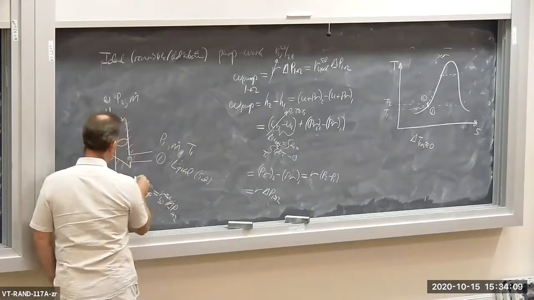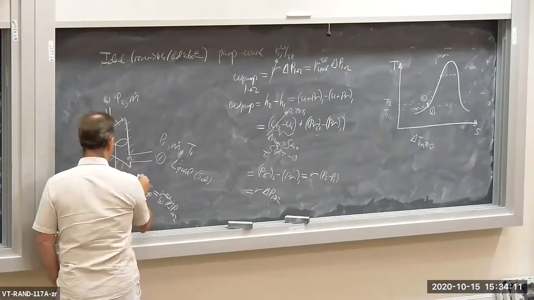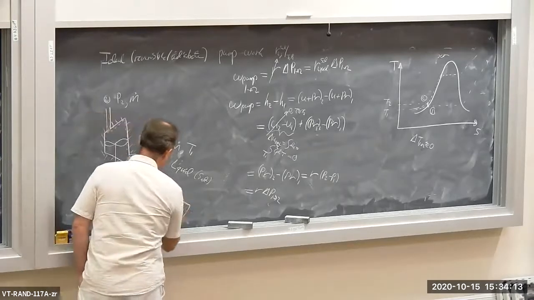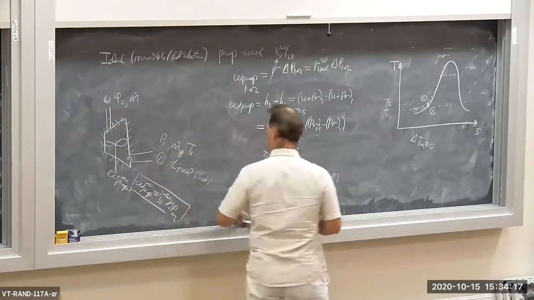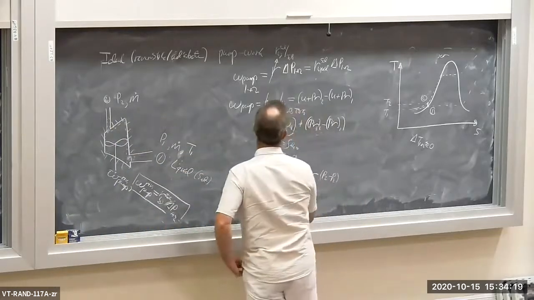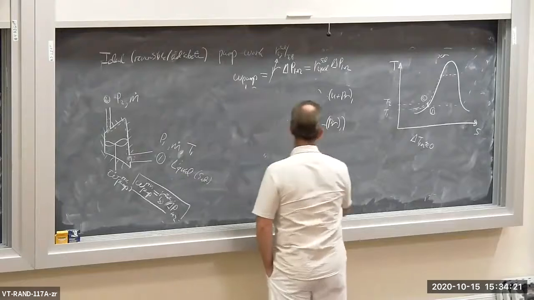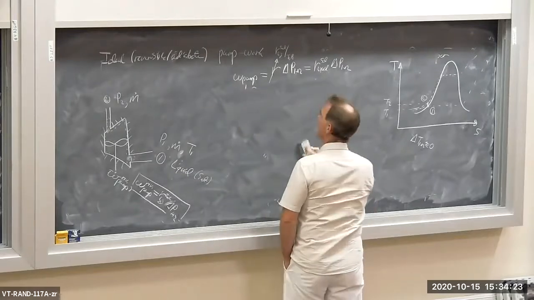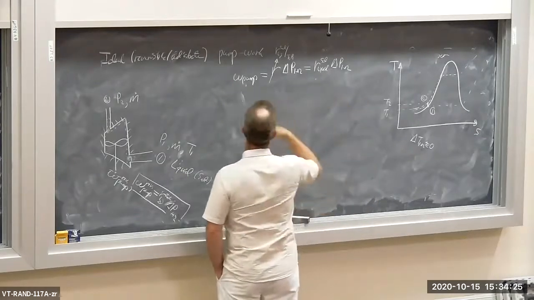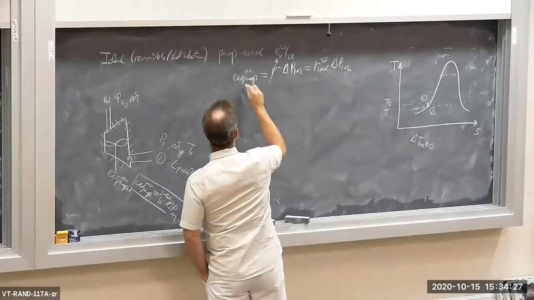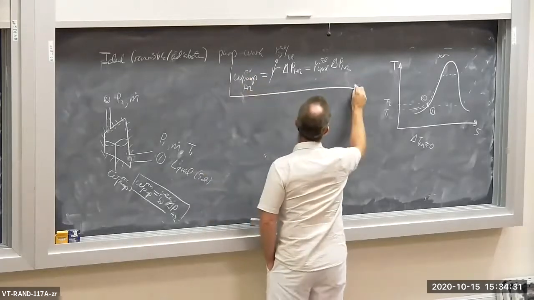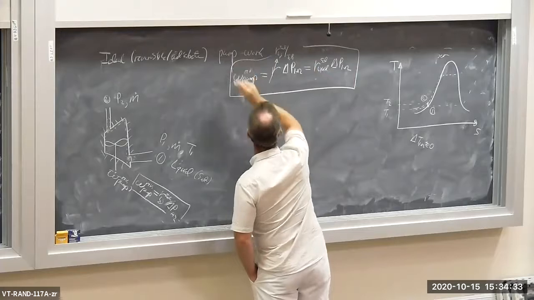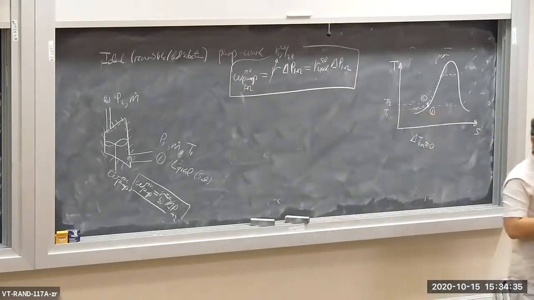Put a little box around this, I'm sorry it's sideways. That's your expression for reversible pump work. I will box this one up here too, the pump, reversible, 1 to 2.